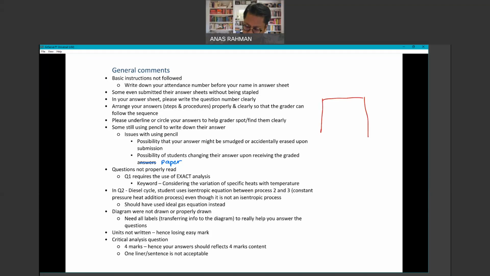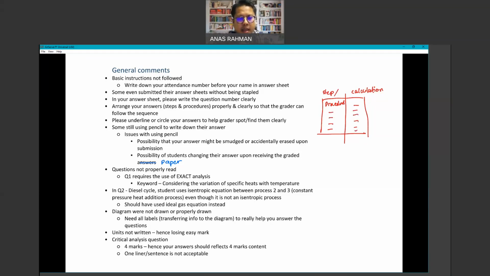For example, if this is your sheet, allocate the right portion of the paper for calculation and the other part for your steps or procedure. When you do that, it will make it easy for me to follow the procedure, while over here you have all the details in the calculation. Okay.